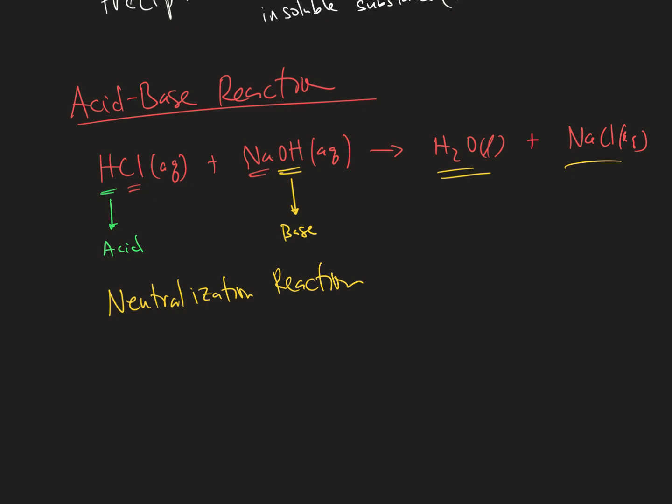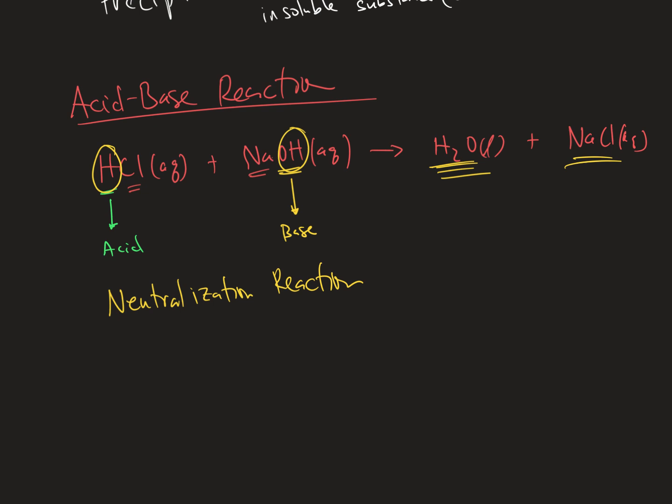So those are the different types of reactions that we will come across. How do you tell if it's an oxidation reduction reaction? Easy way: if it's not a double replacement reaction. If it is a double replacement reaction, it's either a precipitation reaction or an acid-base reaction. How do you tell if it's an acid-base reaction? If it has an acid and a base, and we get water and salt.